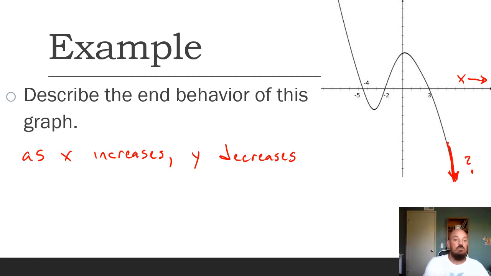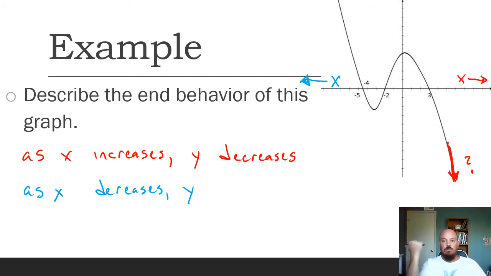Okay, now if you want to do the left, you say as x decreases, y does something else. Now as x decreases, to get smaller means you're moving the opposite direction on the x-axis. You're moving this way. As x gets smaller and smaller, you're moving farther and farther to the left on your graph.